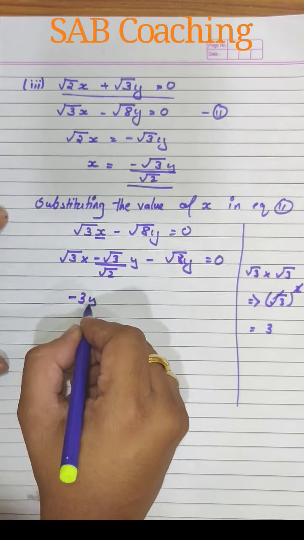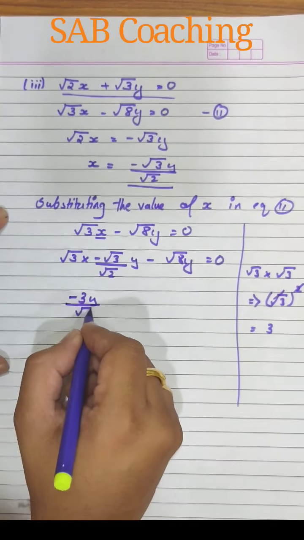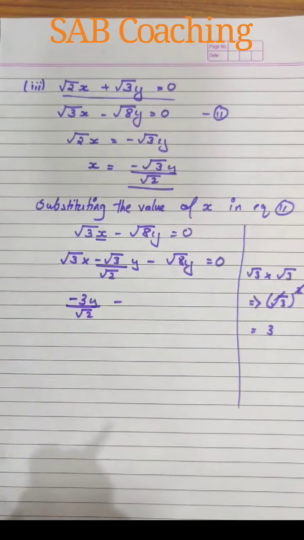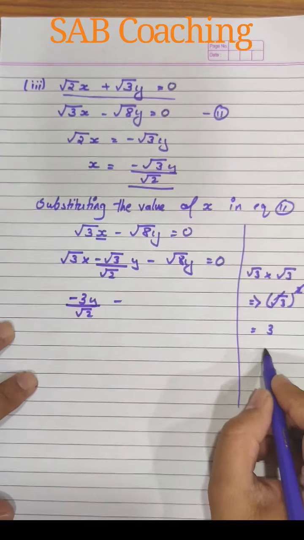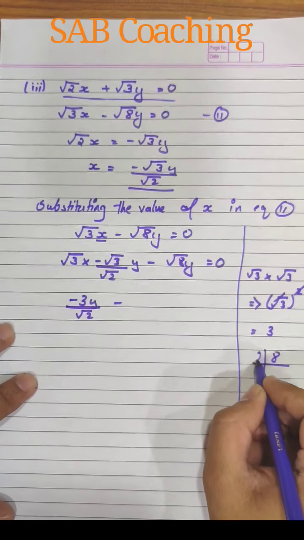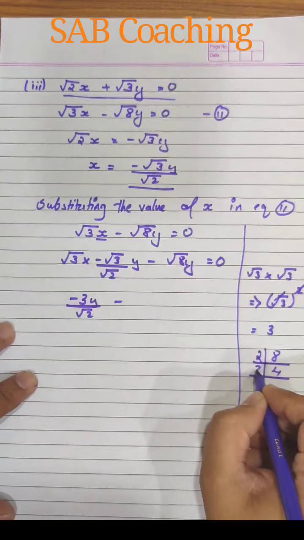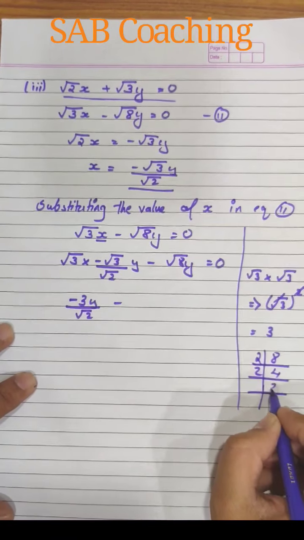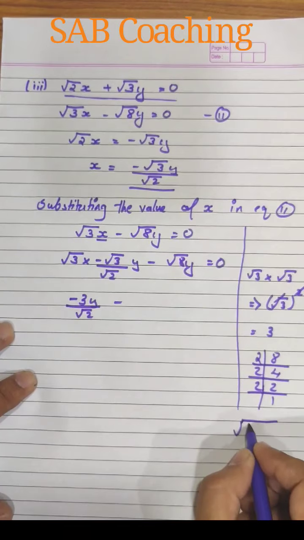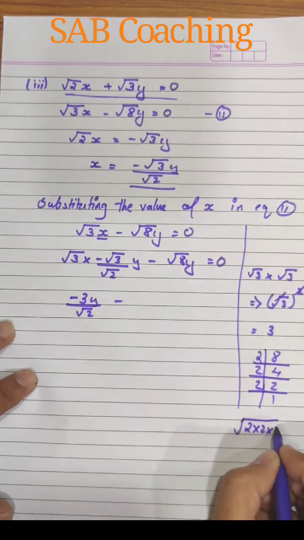Minus 3y divided by root 2 minus, you can write root 8 as... what can the value of root 8 be? If we take its LCM, so what you are going to get, root 8 can be written as 2 into 2 into 2.